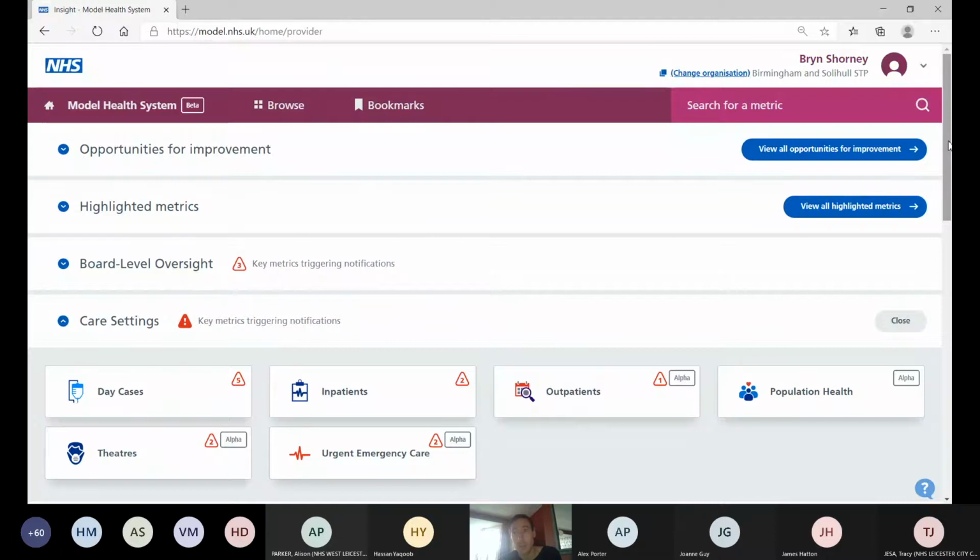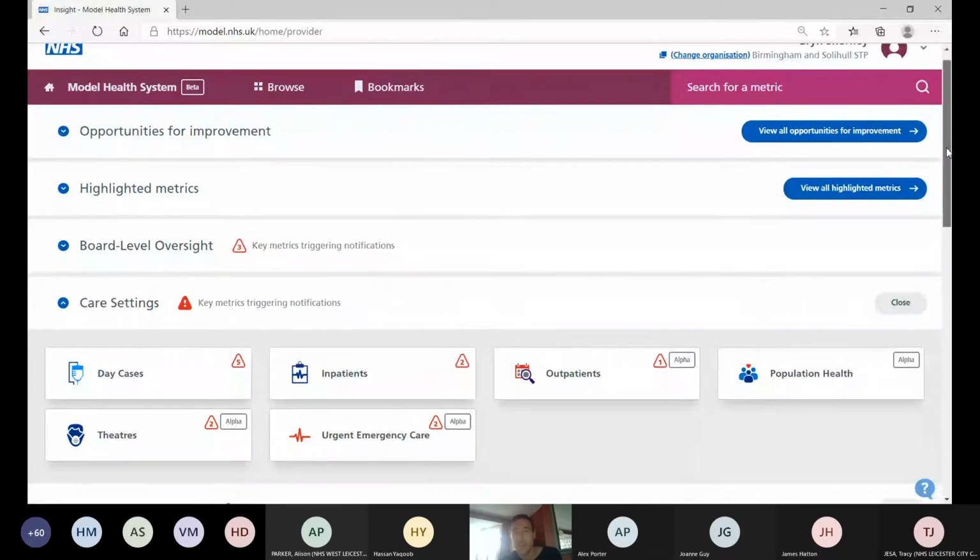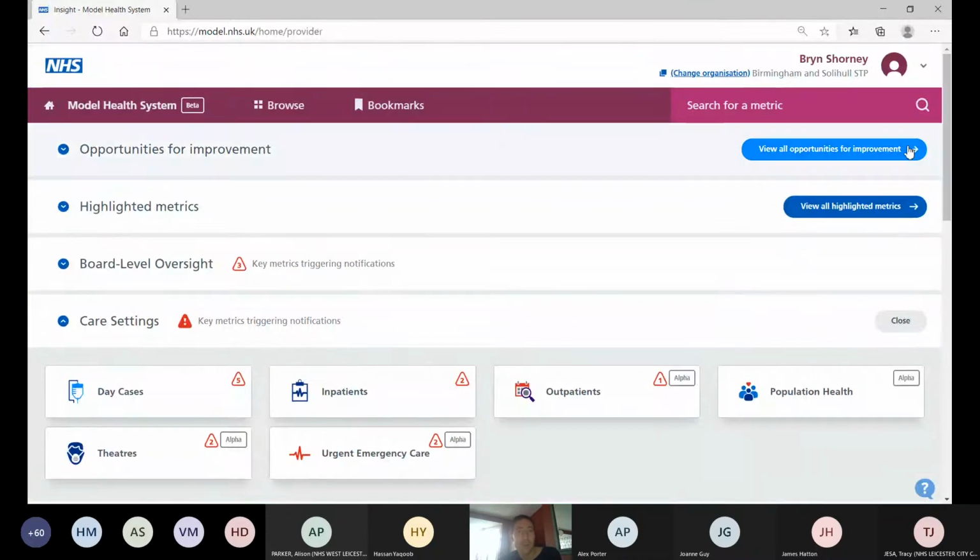Some people will have a very specific interest and want to go straight to perhaps the orthopedic surgery compartment or the urology compartment, but there's also a few overall landing pages, ways into viewing the data. I was going to start by running through those and then get into some of the more detailed clinical service line compartments. I'll start with the opportunities for improvement section.